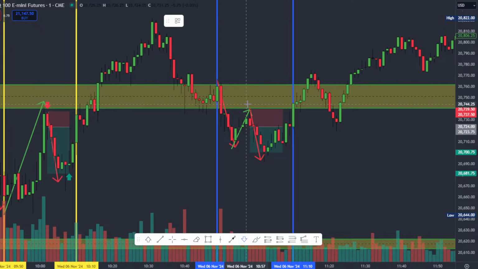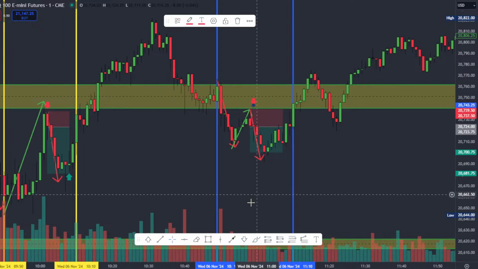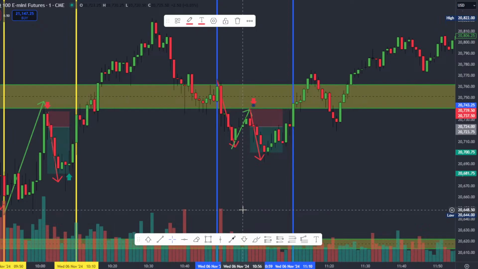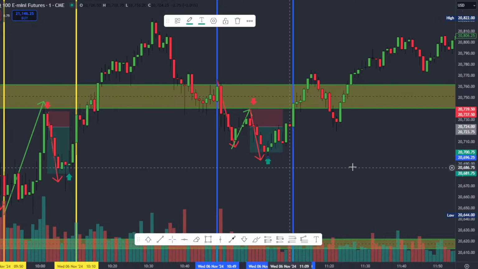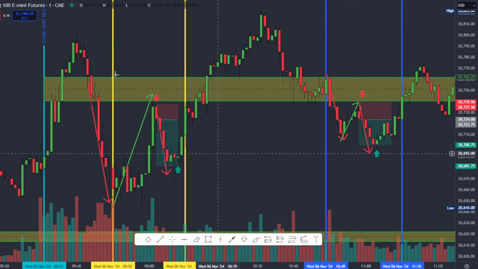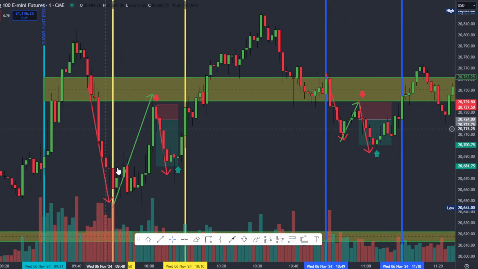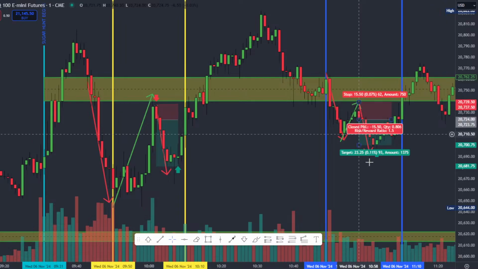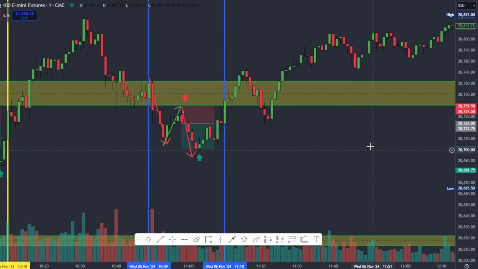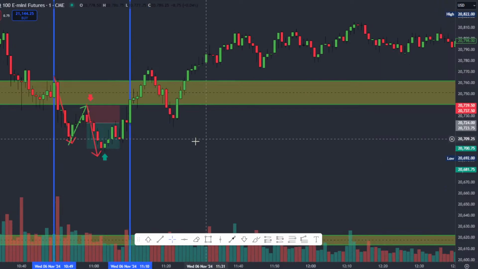I, for one, really like this entry for multiple reasons. But this right here is basically textbook to what I'm showing you guys to look for. Break below, retest, fail. Break below, retest, fail. That's textbook. You guys would have had a field day.